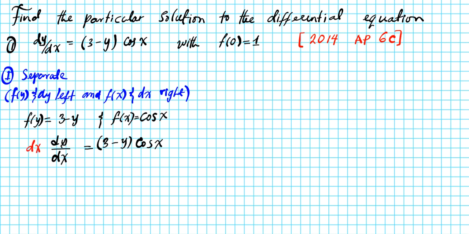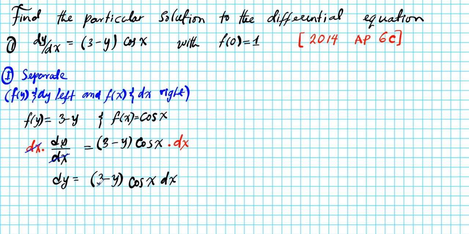This can be accomplished by multiplying both sides by dx. Alright, so you see some cancellation on the left. This divides out. So we're left with dy equals 3 minus y, our function of y, cosine x, our function of x, and its differential dx.